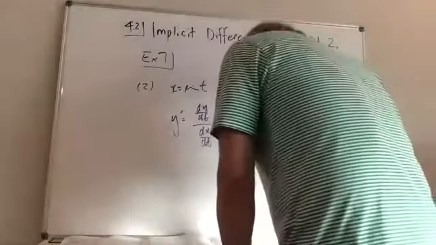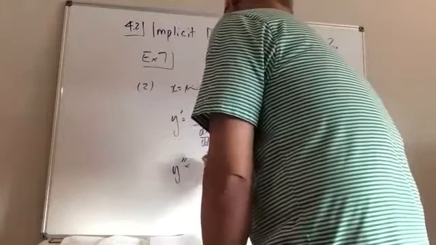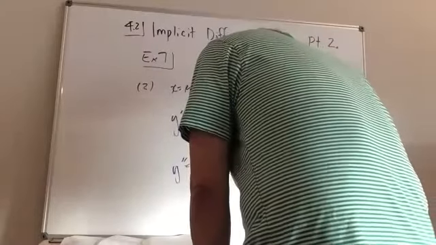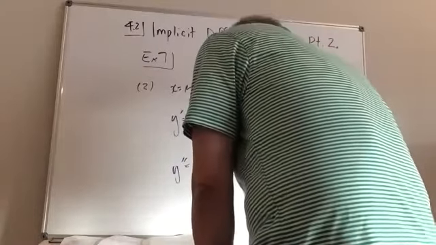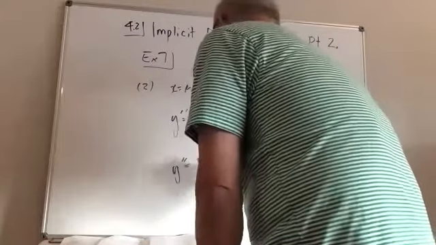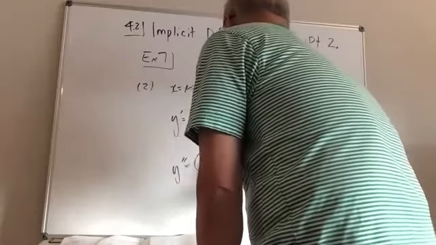To find y double prime, what do I get? Y double prime is equal to the derivative of the negative tan t.